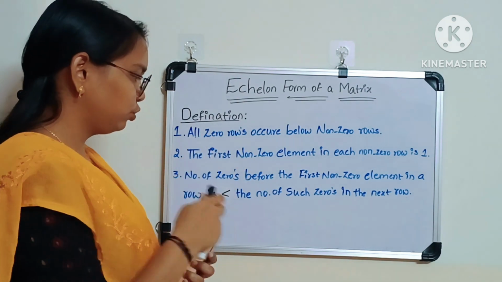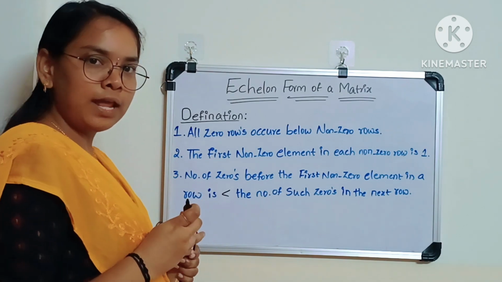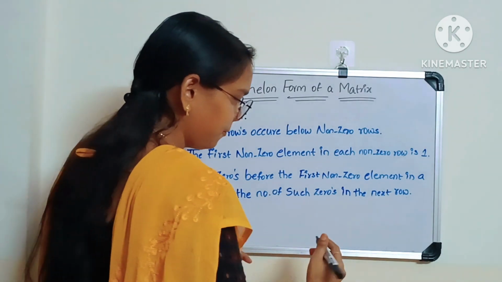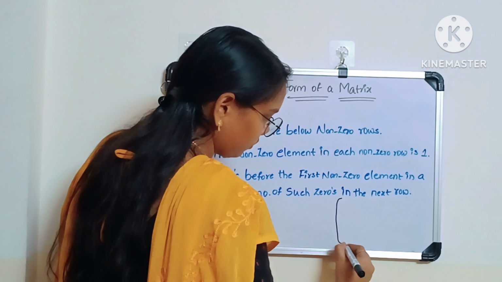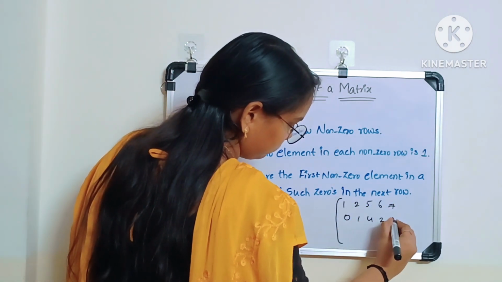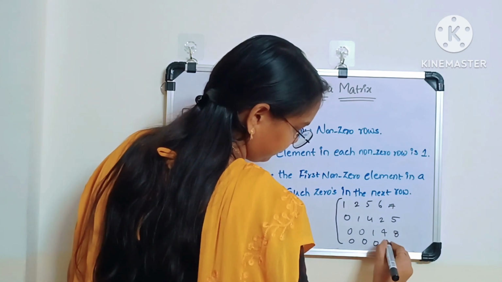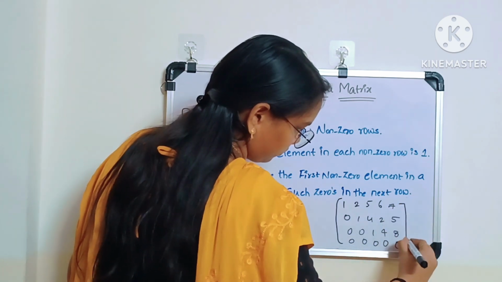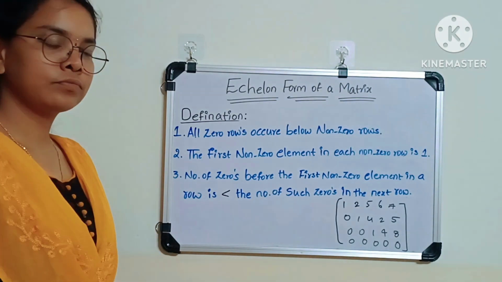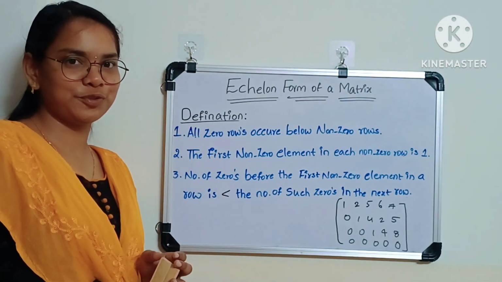Let us go through it once. I will write an example, and with the example I will explain so that you can understand easily. I hope my writing is clear to everyone.